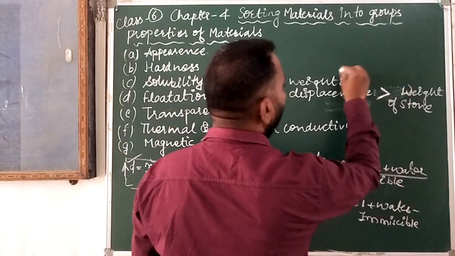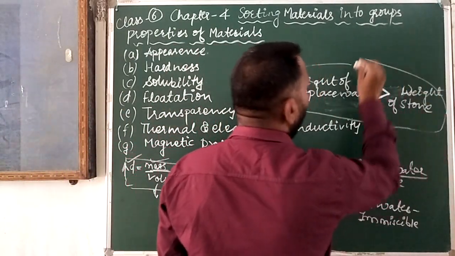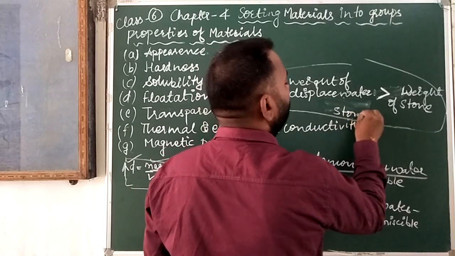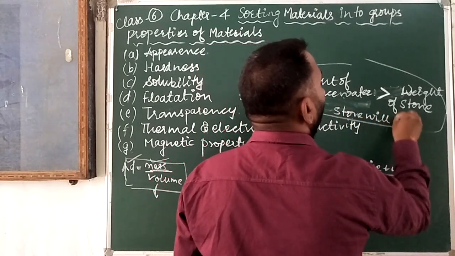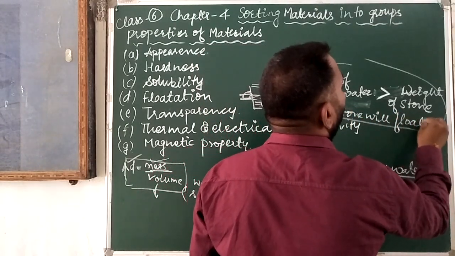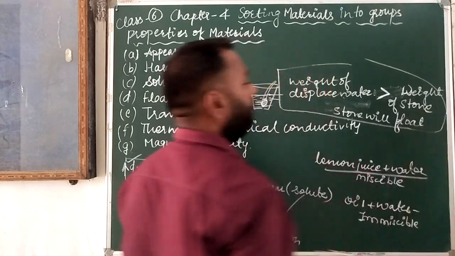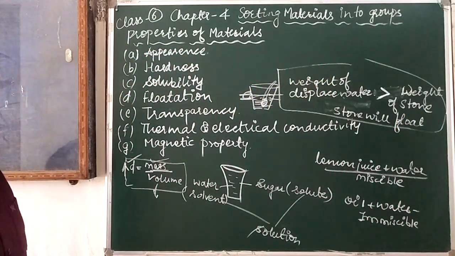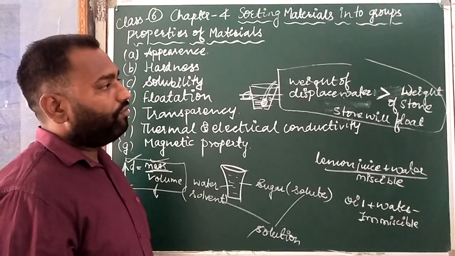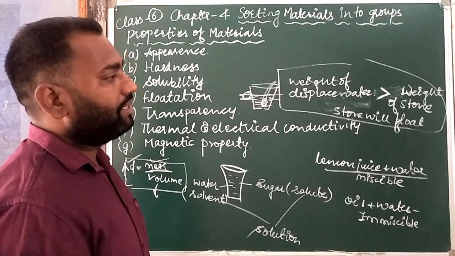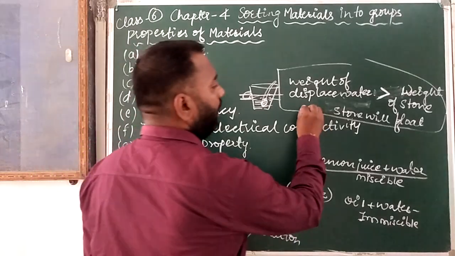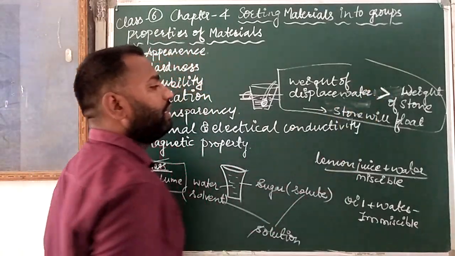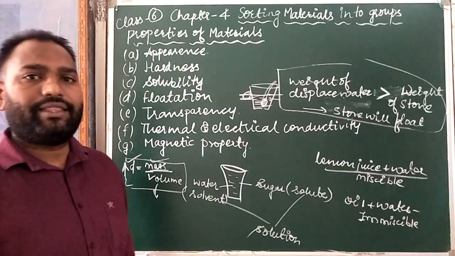So in this condition, the stone will float. It means if the weight of displaced water is very high and the weight of the stone is less than that, the stone will float, and if it is the other way around, the stone will sink in the water.